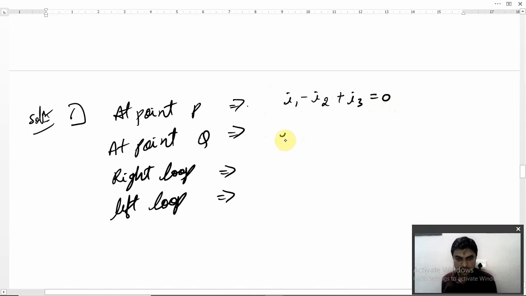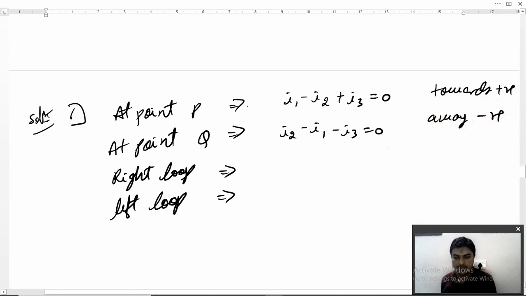Towards Q is only I2, away from Q I am going to take as minus I1 minus I3 is equal to 0. So please remember, towards is always positive, away is always negative. So positive and negative you should be very very careful. If you make a mistake in the first step, you are going to lose the marks. So don't make a mistake in this step, students.